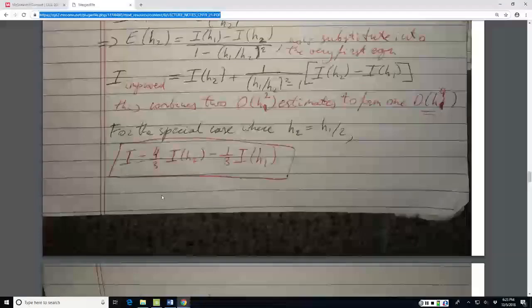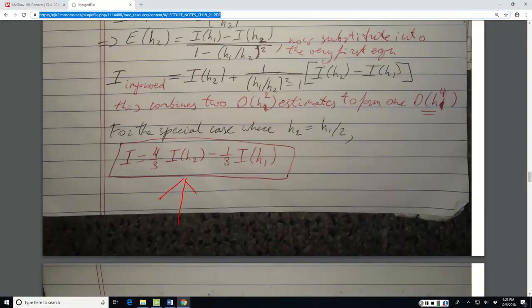And basically the whole thing is just this one equation. So here, this I is the more accurate estimate, which I labeled green. And it's using two estimates of the integral with a different step size.